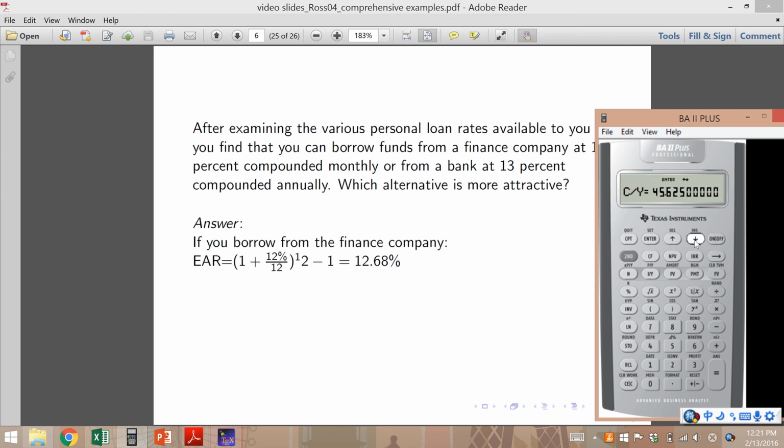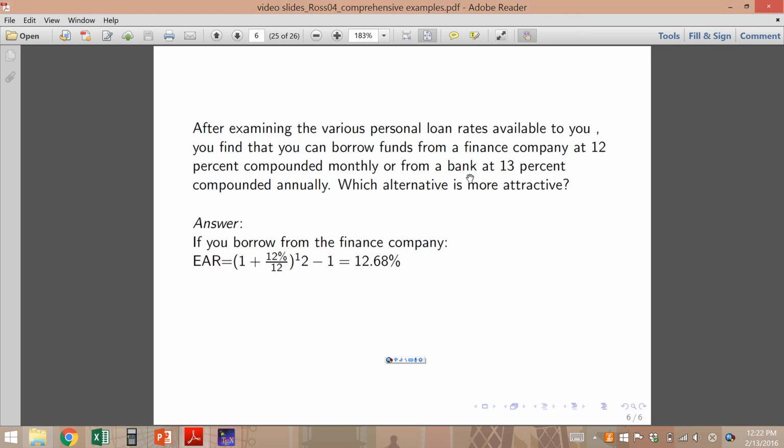Effective annual rate, we don't know yet. Compounding frequency is 12. And then go back to effective annual rate, so we want to compute it. All right. So if you compare the two plans, obviously we would prefer the first plan, which gives you a lower interest rate.